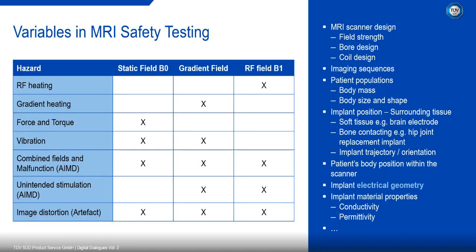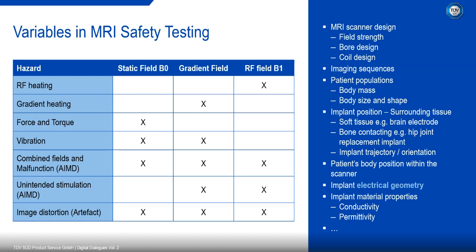And obviously, all three fields are involved in the image distortion, or so-called image artifact, and the device malfunction. On the right side, the parameters which need to be considered in MRI safety testing are listed.